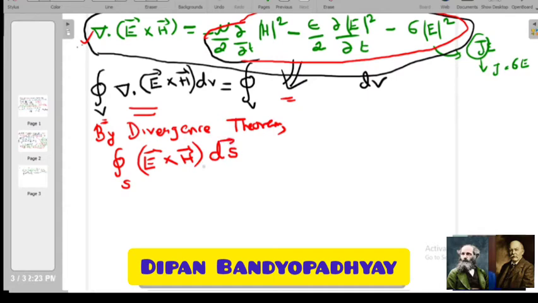So the left hand side we have written like this, simply applying the divergence theorem. You know the divergence theorem, right? It relates the surface integral and the volume integral. And we are keeping the right hand side of the equation as it is. Simply we are not doing anything, we are keeping it as it is.